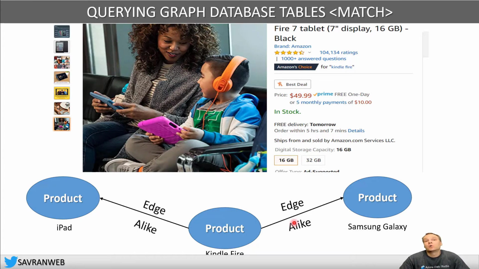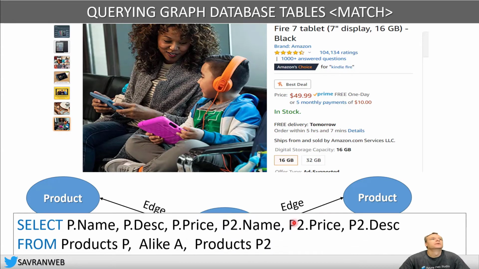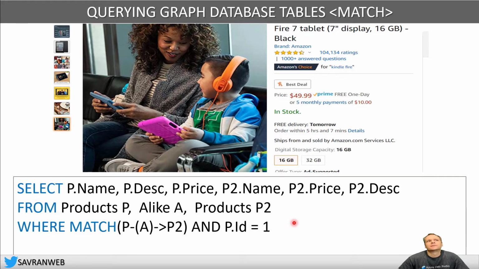So if I want to show my user alike products of any product, then my query is going to be like this. You pick whatever columns you want to display. Then I'm going to use my products table and my alike relation table. My match is going to go from my product table to the product table by using the alike relation.